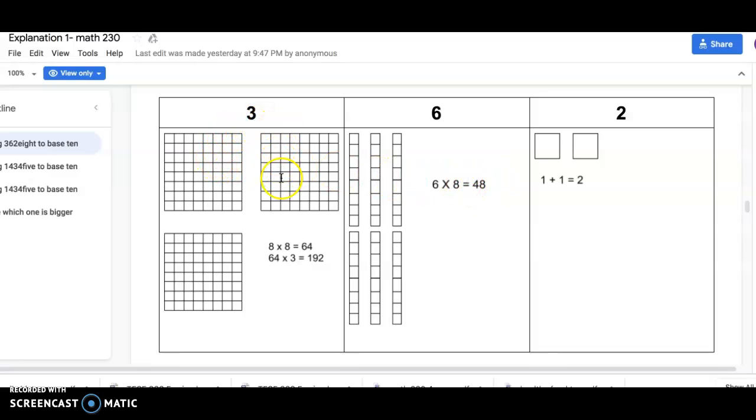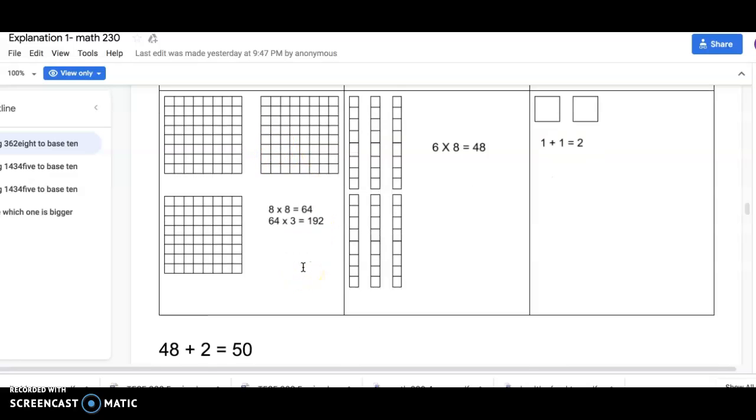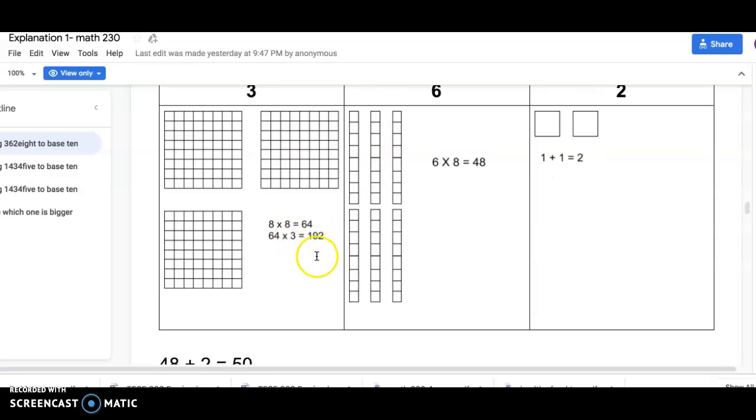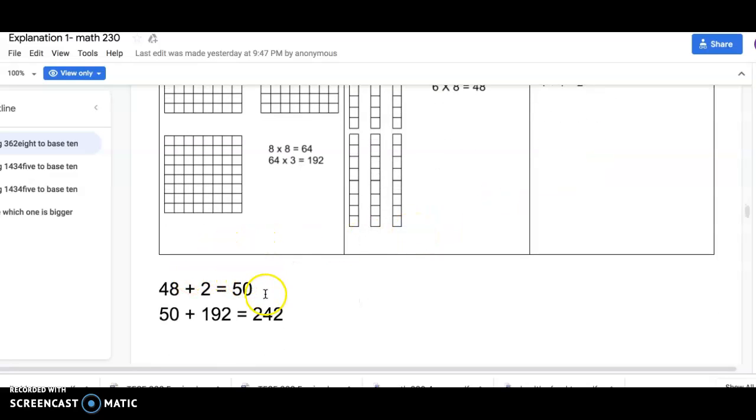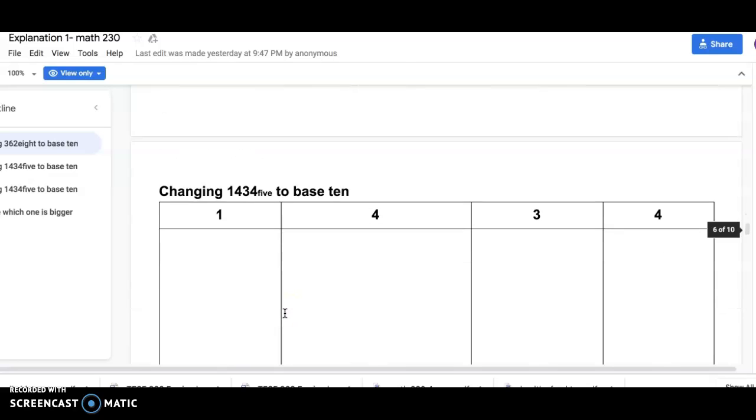Then in our hundreds column, we have 3, and each one has 64 in it because it's 8 by 8, and that equals 192. So once again, you're going to add 192 plus 48 plus 2. 48 plus 2 equals 50. 50 plus 192 equals 242 base 10.